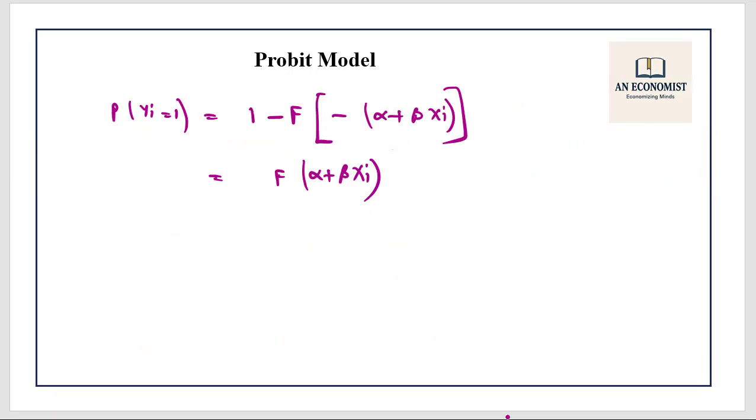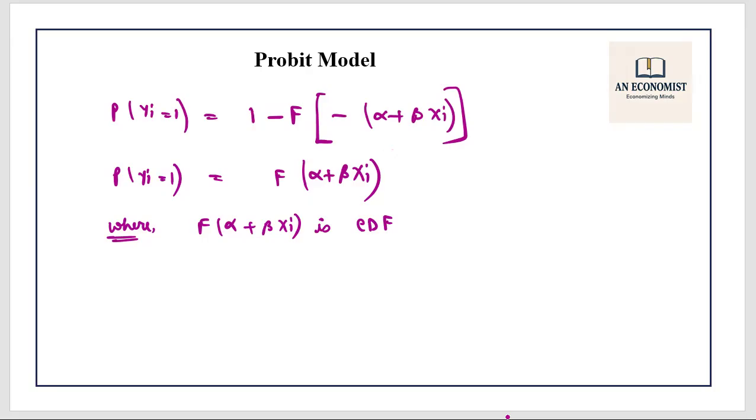So this is the reduced form that you have to firstly understand. This is the mathematical thing where this F of alpha plus beta xi is the cumulative distribution function.